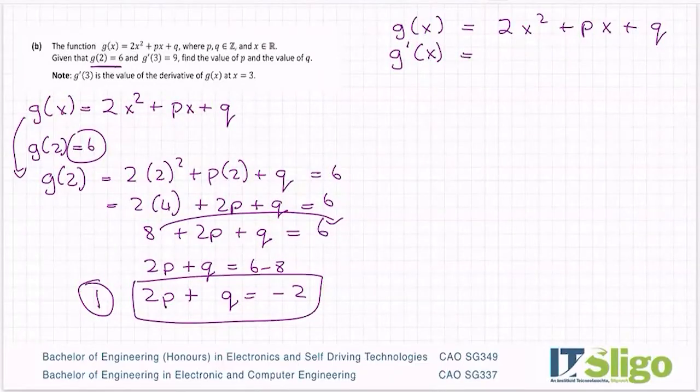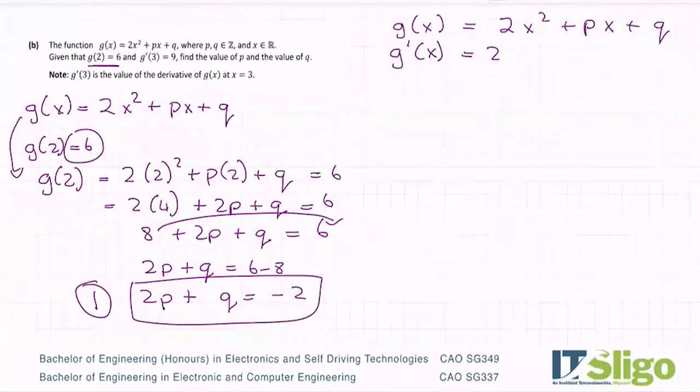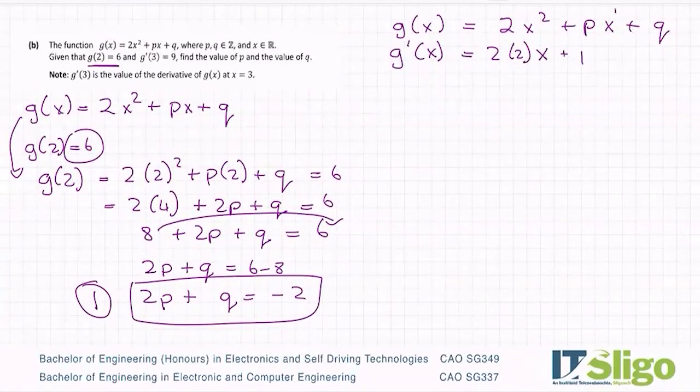So again, take down the power, reduce the power by 1. Remember the power here is 1. Take down the power and the x disappears. It'll be x to the power of 0. Plus q is a constant.